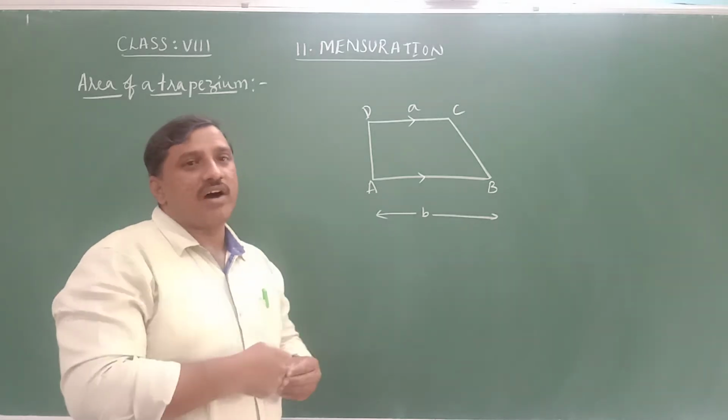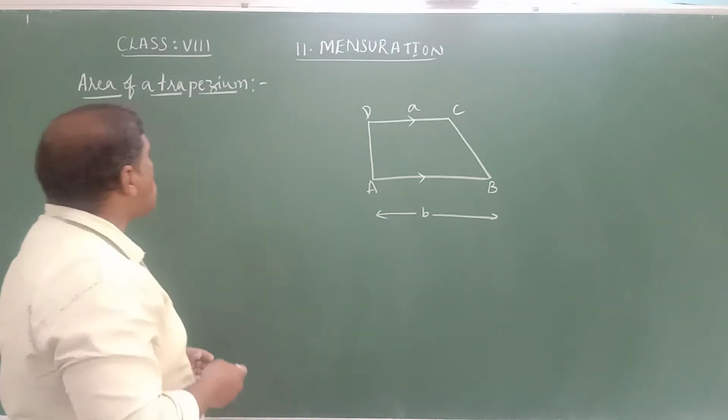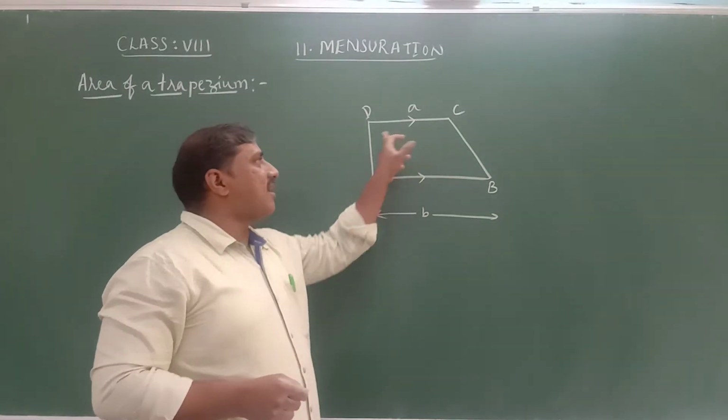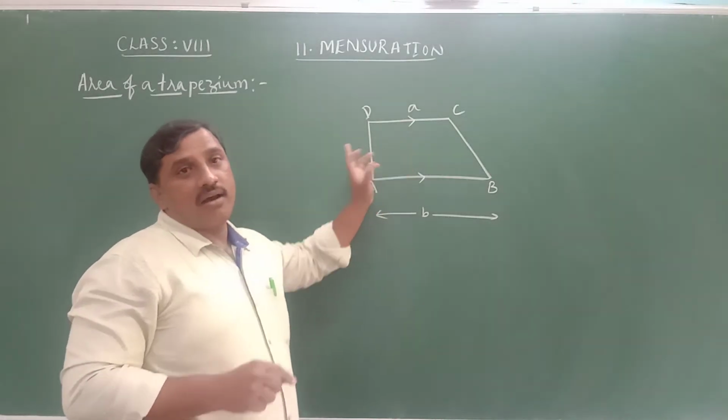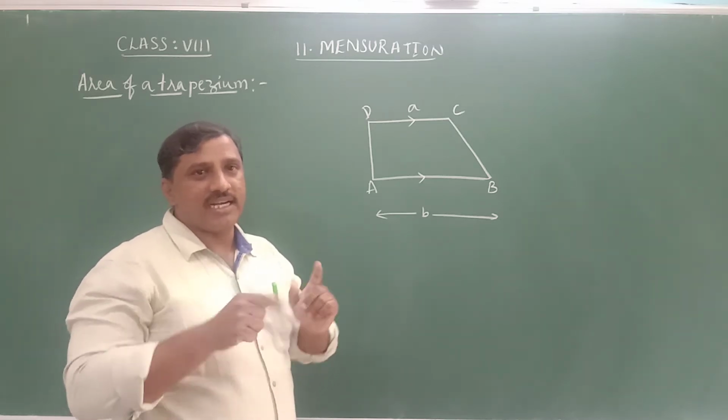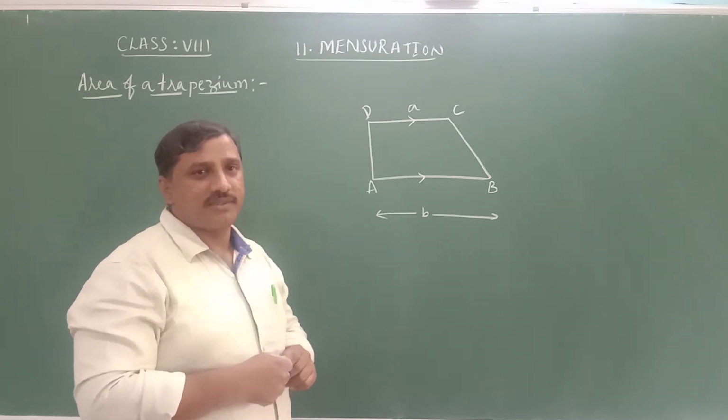Then how do we find the area of a trapezium? Two cases are there. Where the two non-parallel sides are not perpendicular to the parallel sides is one case that we will discuss in the next concept.